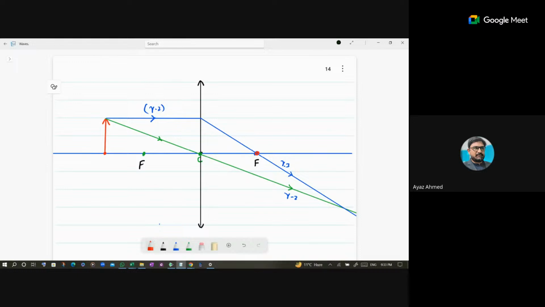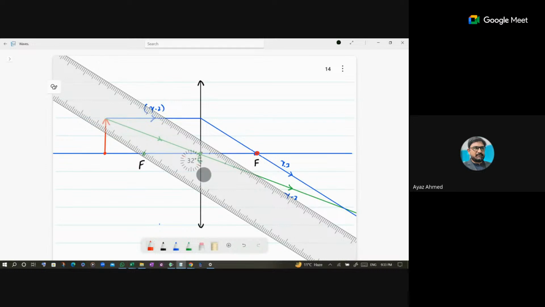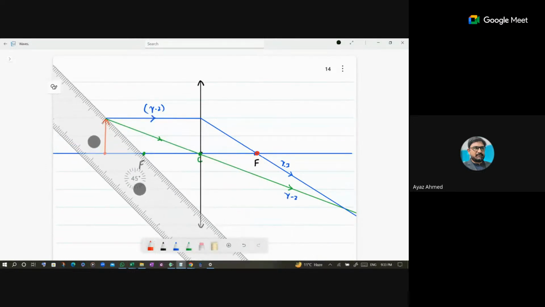And you can use the third one as well, but I told you that at least two are required. At least two are required means that if this is a light ray which is coming from before the lens in this way, it would become parallel to the principal axis after. So you have to use those top ones, one and two, that I have drawn.